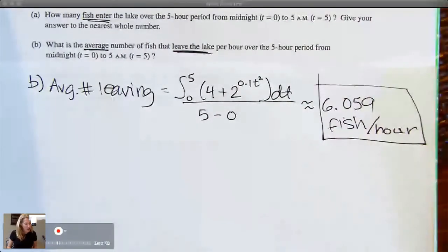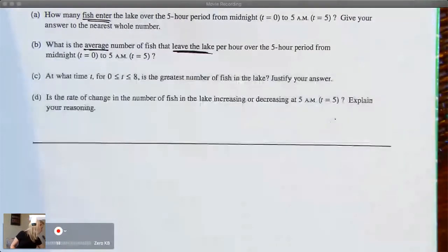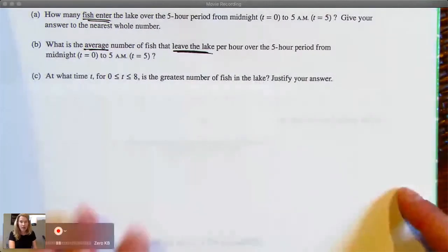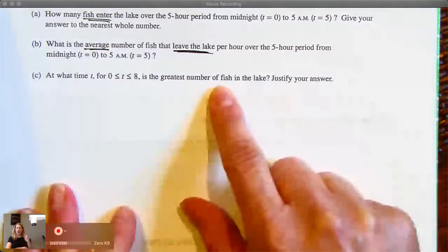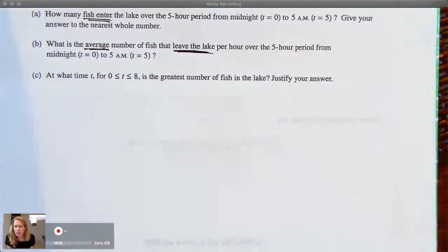Alrighty. And then part C. In part C, we want the greatest number of fish in the lake. What type of problem are they asking you for here?